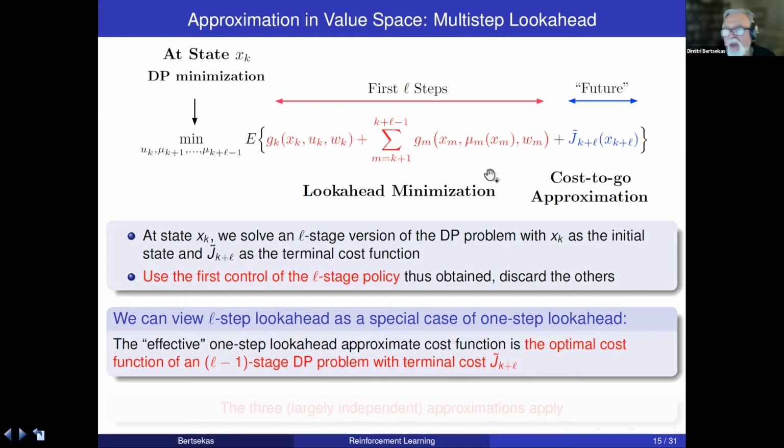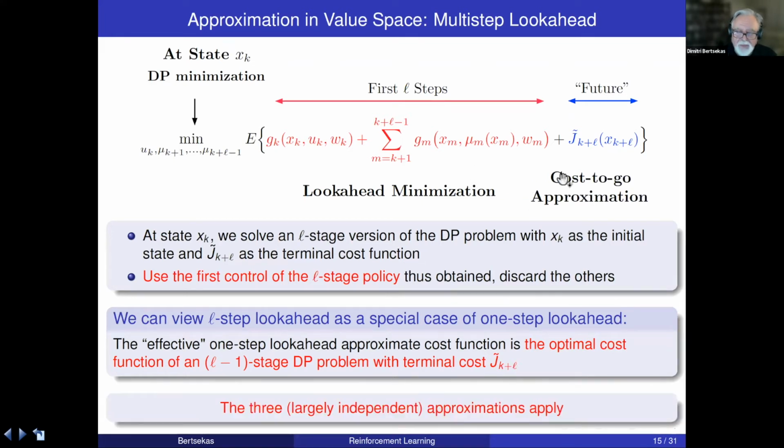So multi-step look ahead is a special case of one step look ahead. On the other hand, it's sometimes useful to look at it separately because it provides some insights that are special for this type of structure.